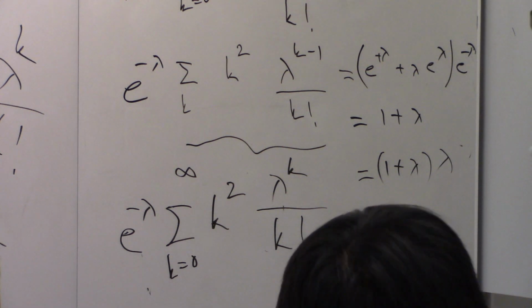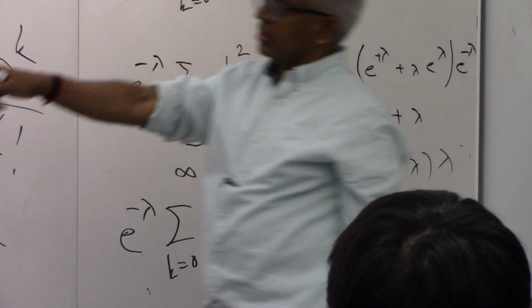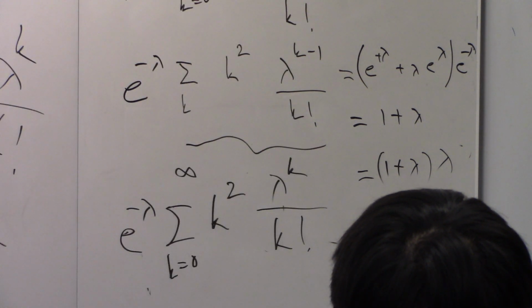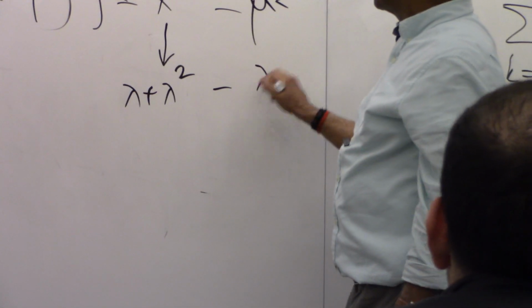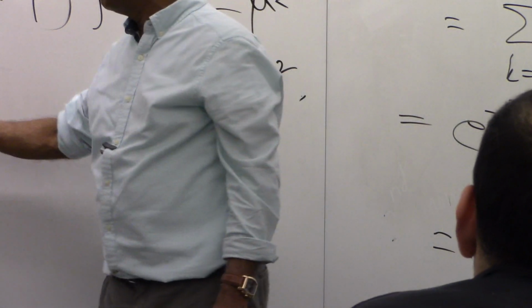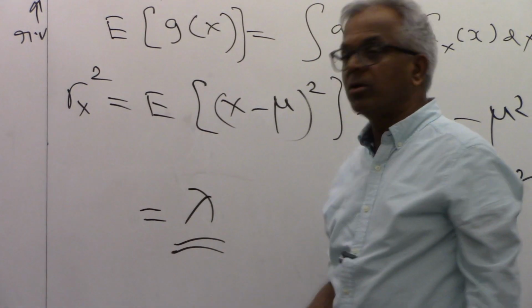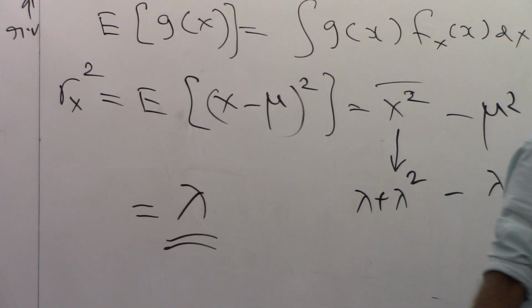Right, so now I can plug it into here. So this is lambda plus lambda squared minus lambda squared. So the variance of a Poisson variable also turns out to be lambda.